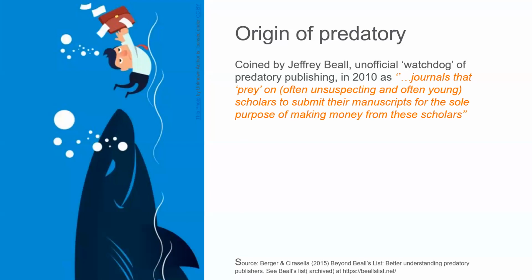So his definition for predatory, then he coined it predatory, and it was because he said that these journals prey on often unsuspecting and emerging researchers that don't have a lot of experience, and they sort of get them to submit their manuscripts for the sole purpose then of making money from these scholars, but without performing any of the activities that are related to real publishing.